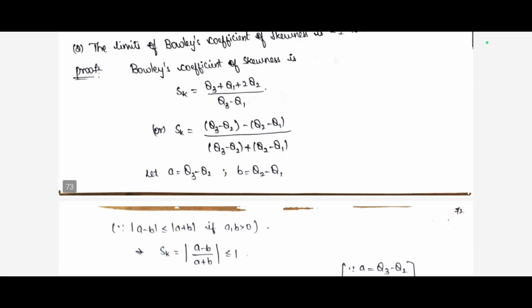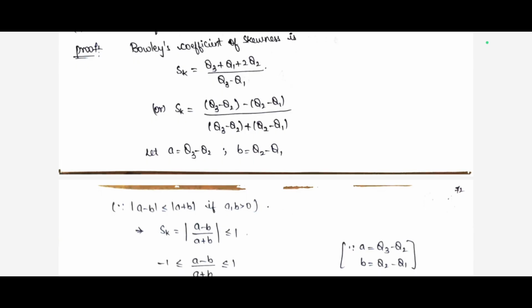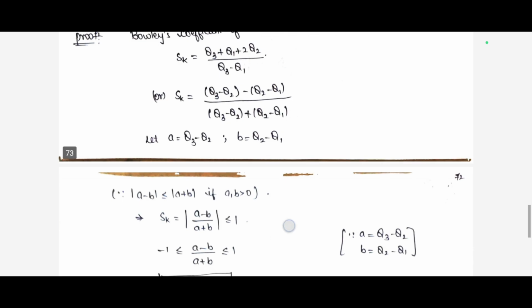Let a equal Q3 minus Q2 and b equal Q2 minus Q1. Therefore, modulus of a minus b is always less than or equal to modulus of a plus b if a and b are greater than 0.